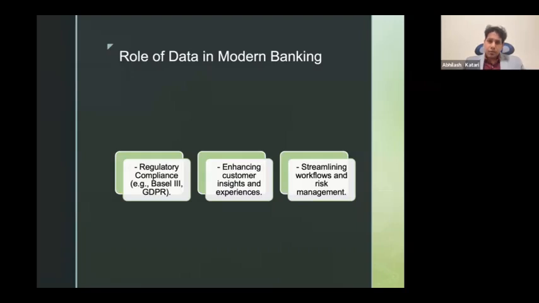When the organization does its regular transactions, it generates huge volumes of data. And this data has to be secured based upon the compliance that the government imposes. There are compliances like Basel compliance, and also GDPR compliance. So these compliance rules have to be followed by the bank.